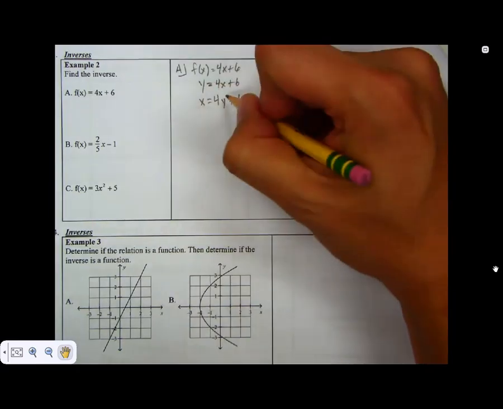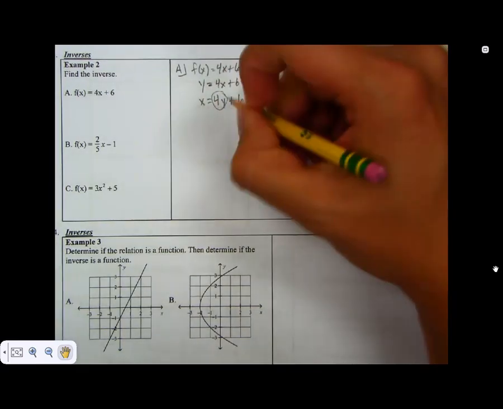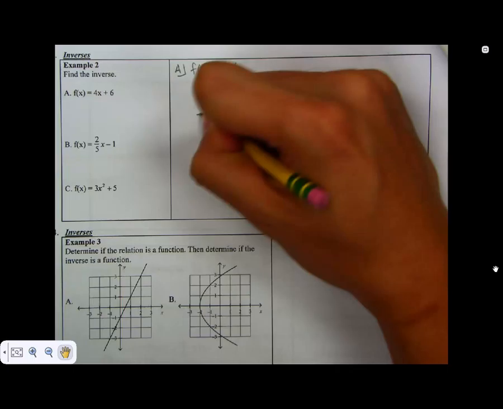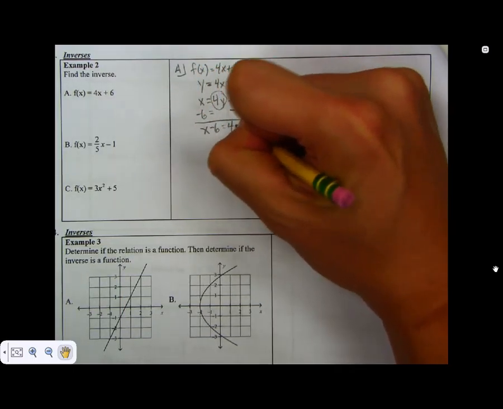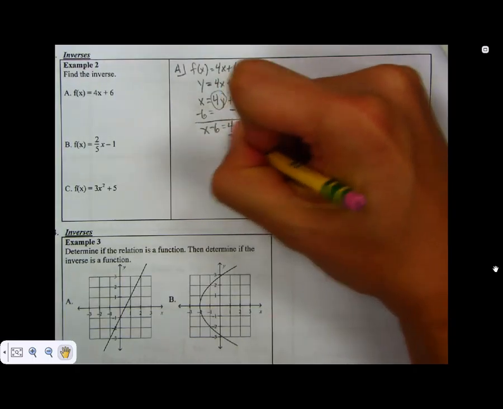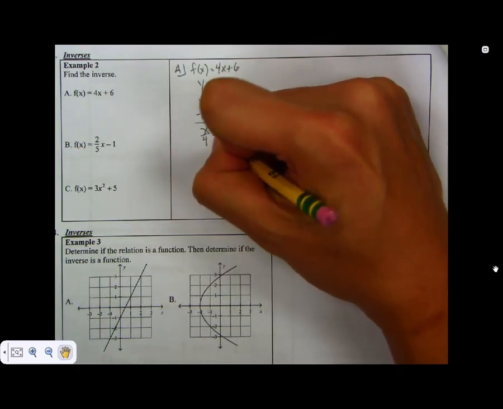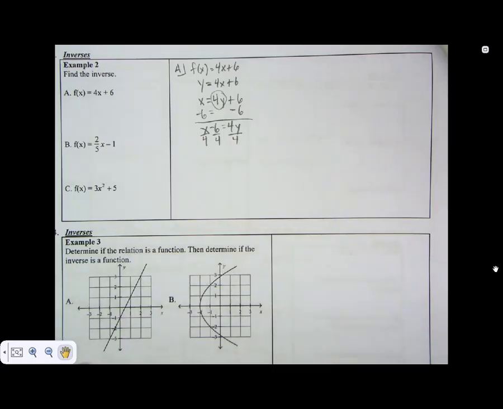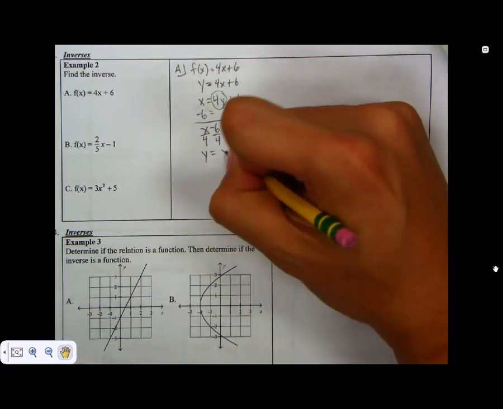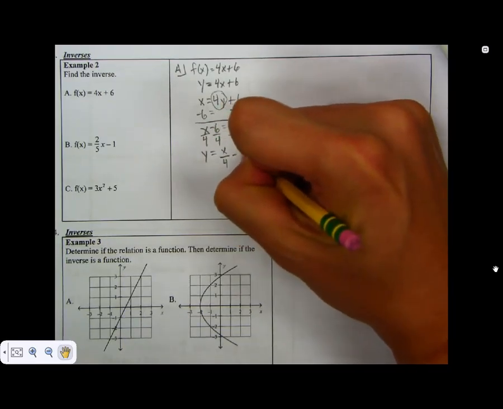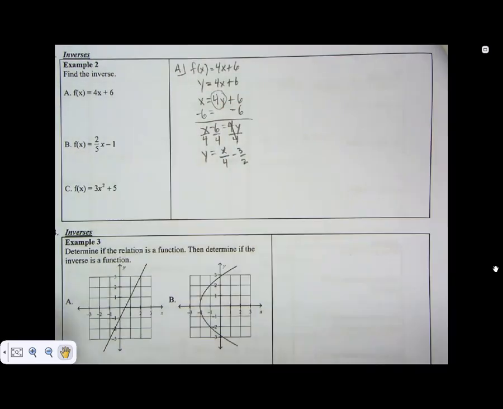So here's the letter I'm solving for, y. Subtract 6 on both sides. So I have x minus 6 equals 4y. Divide by 4. So now this becomes y equals x over 4 minus 3 over 2, because 6 and 4 you can reduce by 2.